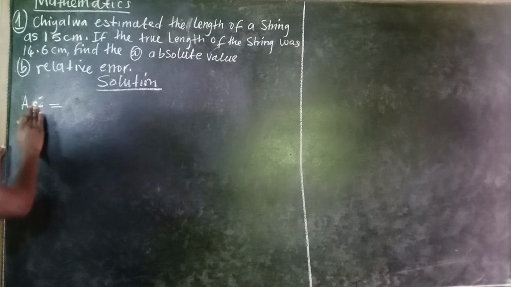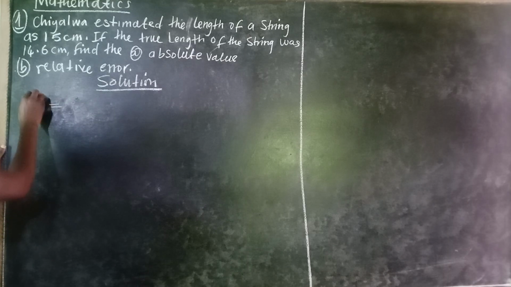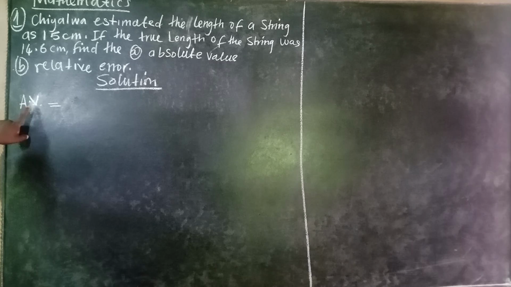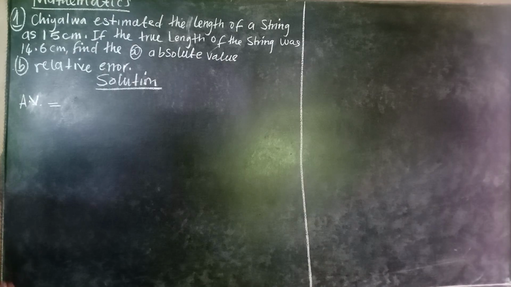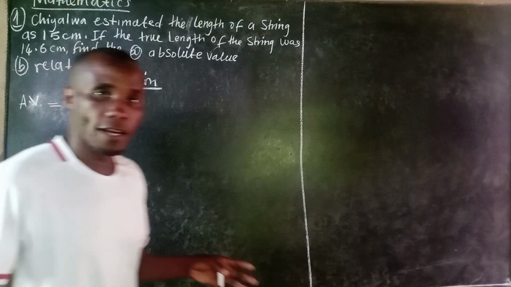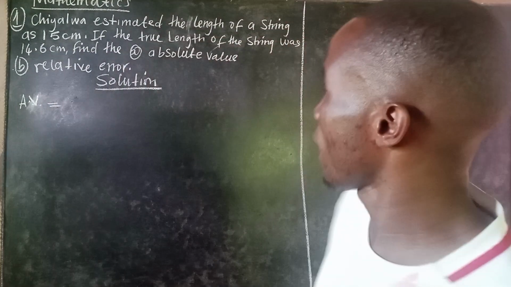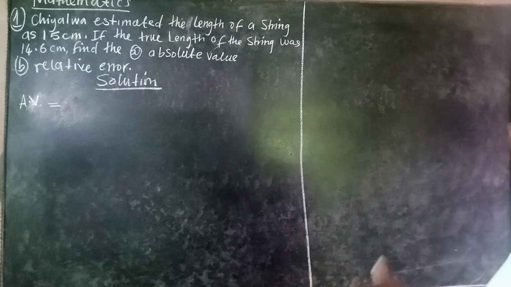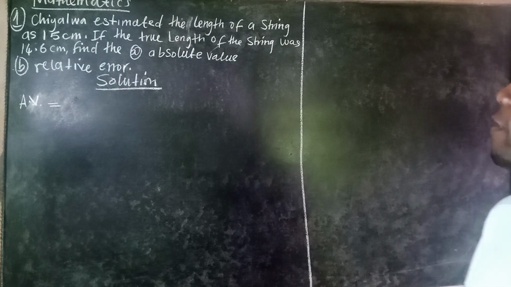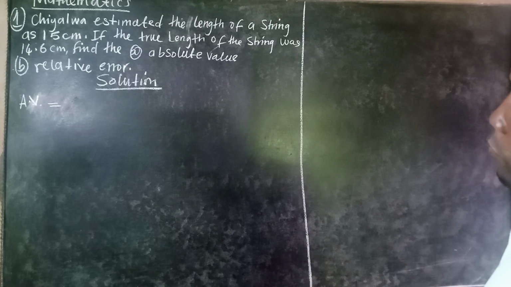Now according to the question, they have given us value. So we say A.V, absolute value, okay? So the formula here is the recorded value minus the true value. That is the formula for absolute value or absolute error.